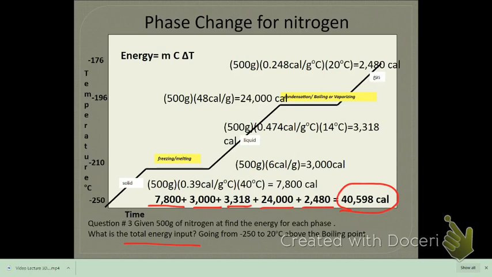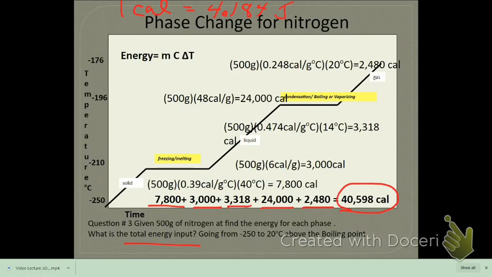Now, what if I'm giving you calories and I tell you I want it converted into joules? Well, that's simple enough, because we know that 1 calorie is equal to 4.184 joules.